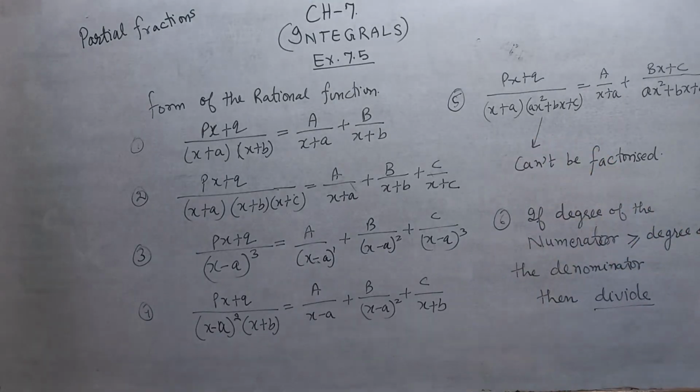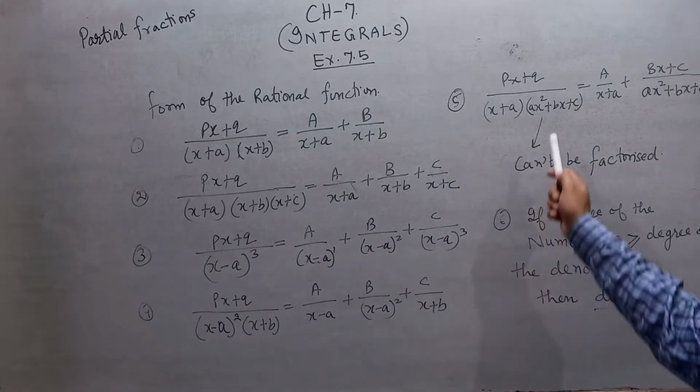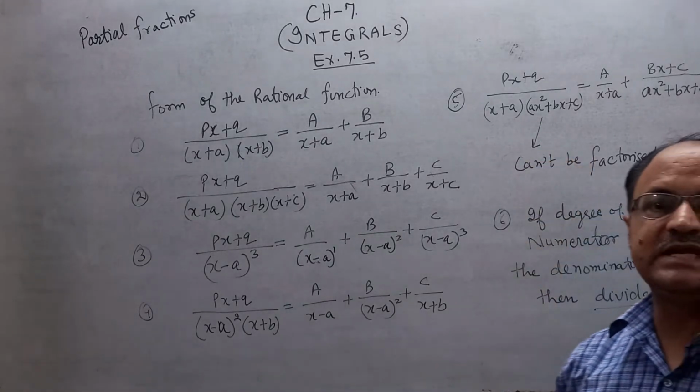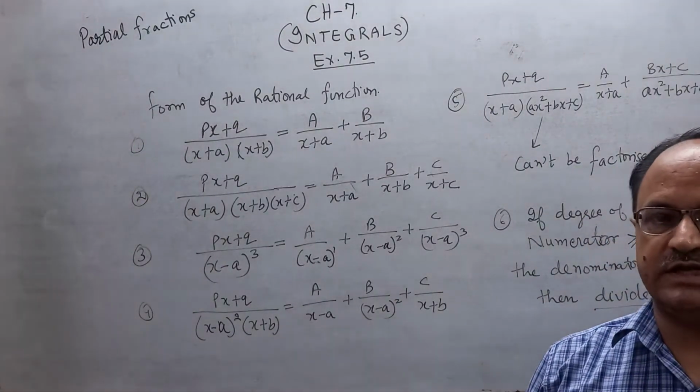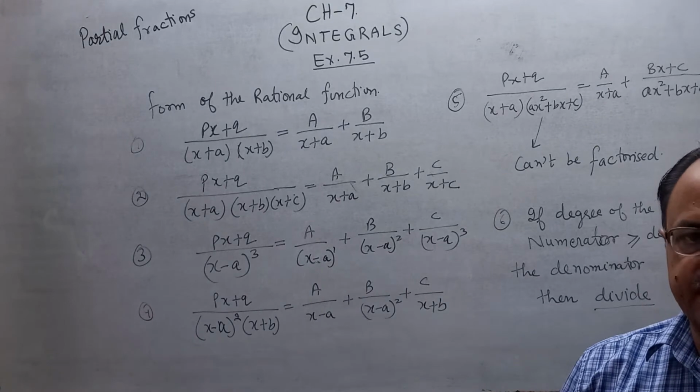Linear into quadratic, ax square plus bx plus c, where this quadratic cannot be factorized further. Firstly, check in the question: if factorization is possible, then firstly factorize, then decide which type it is. Clear? Suppose x square minus 1 is written here, then you can write x plus 1, x minus 1; it is factorized.